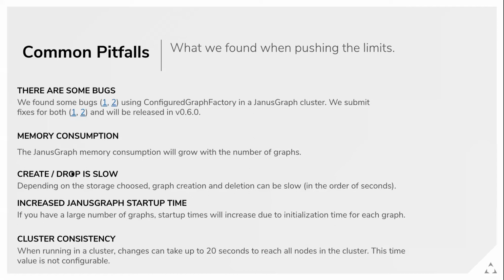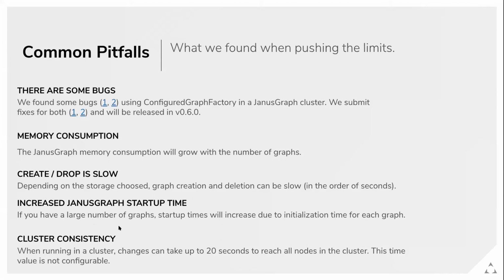The operations over the graph, like create and drop, can be slow if you are using Cassandra with probably 100 keyspaces. It can take on the order of 5 seconds, so it's not really fast.